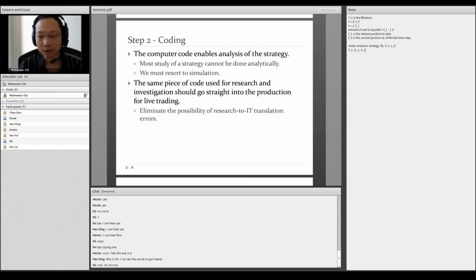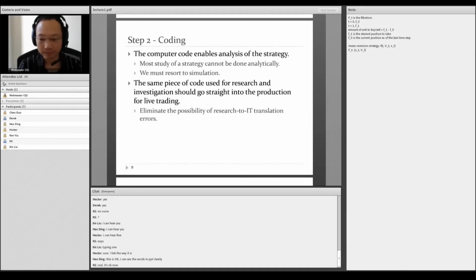It's not 100% matching what the quant research guy wants to trade. The research guy usually looks at the IT code, but since they're not good programmers, they may not be able to verify whether the C++ code matches exactly the R code. So there's the possibility of research-to-IT translation errors. I think it happens very often.